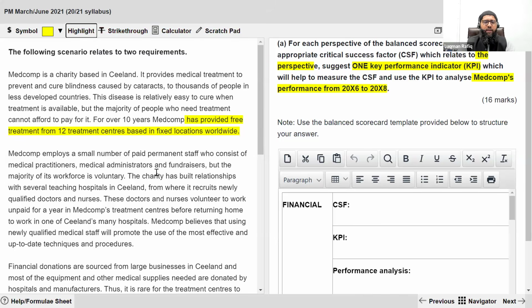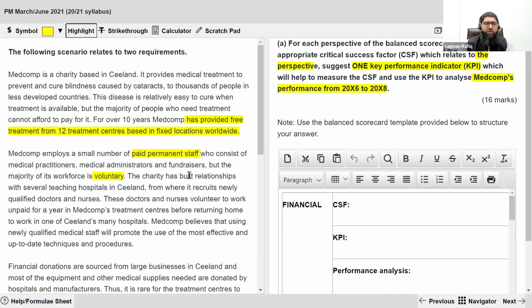Medcom employs a small number of paid permanent staff who consist of medical practitioners, medical administrators, and fundraisers. But the majority of its workforce is voluntary.